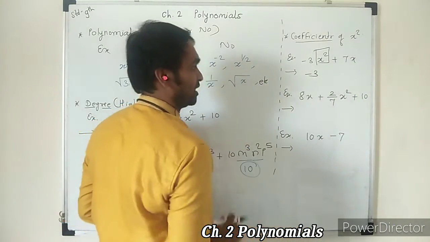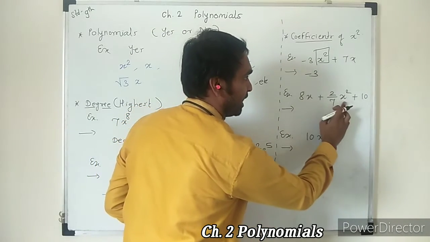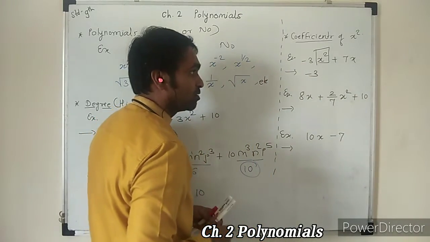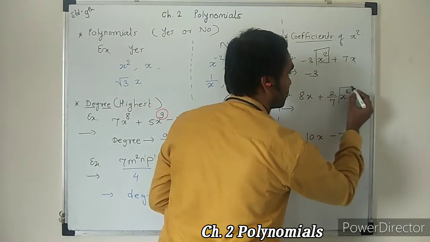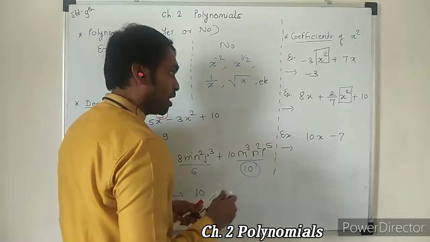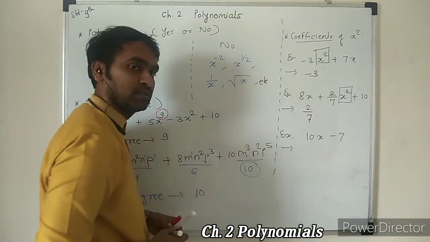So minus 3. Second example: 8x plus 2 upon 7 x squared plus 10. Here also there is one x squared, and what is the coefficient of x squared? That is 2 upon 7. 2 upon 7, right?